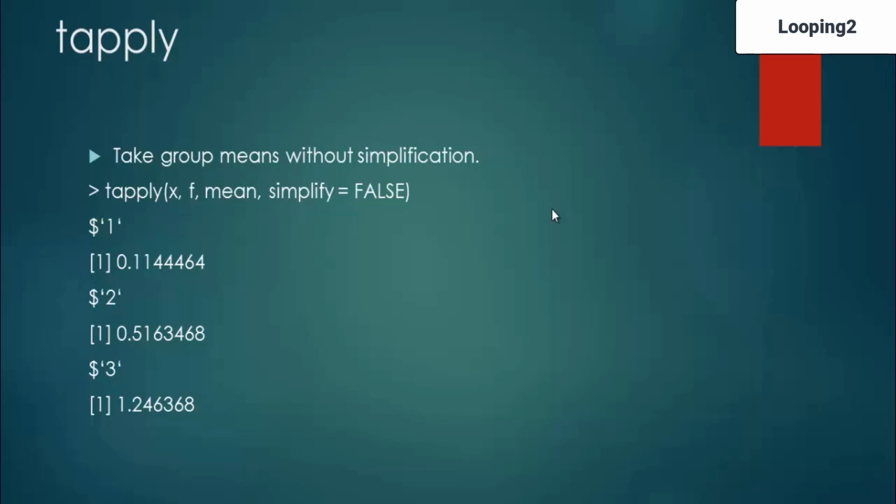I'm taking the same example here. I want to take group means without simplification, so tapply of x comma f comma mean comma simplify equal to FALSE. When I set this, I get the result without simplification, wherein I get a list as the result set.